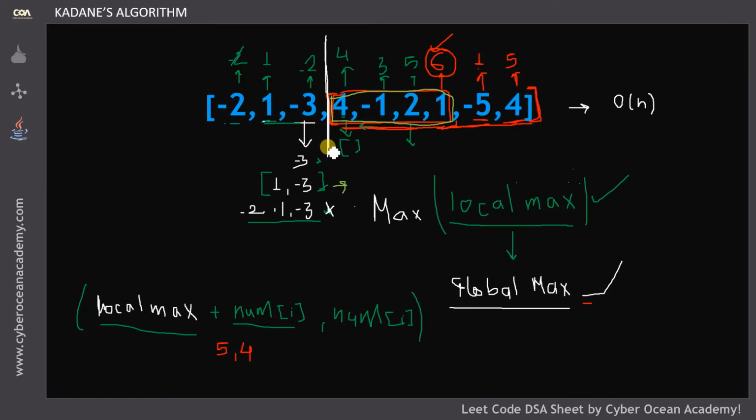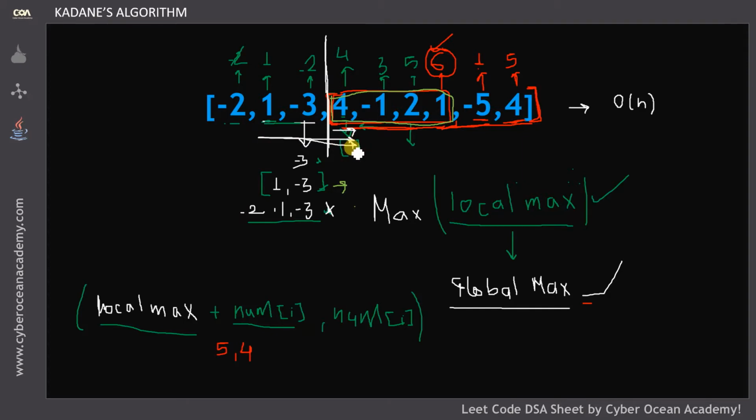Here you want to build a subarray. A subarray is contiguous, so either you consider this element or the previous subarray. You have to choose any one. Here this value, 1 minus 3 plus 4, is this subarray.